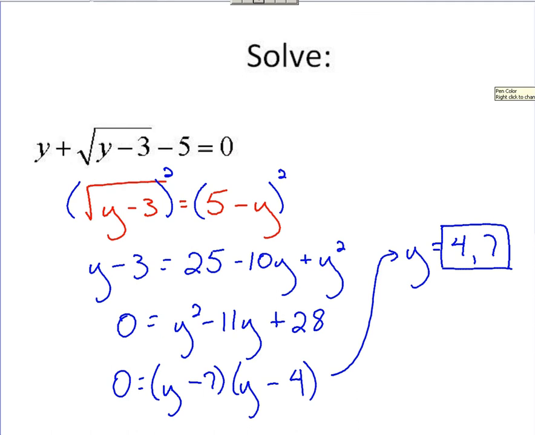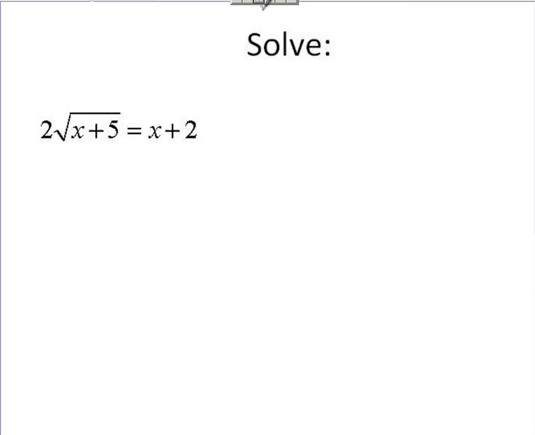If you check a little more closely, you can take the square root of 7 minus 3. That's okay. But plugging in for 7 here and then actually putting everything together causes a problem. So 7 is gone.